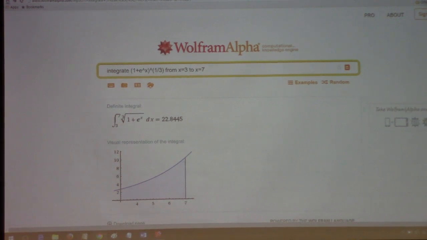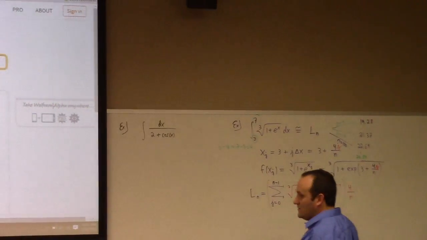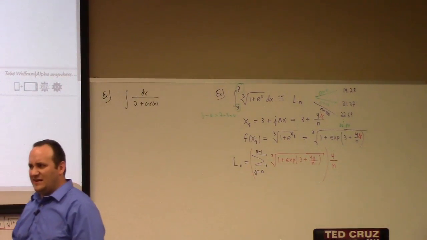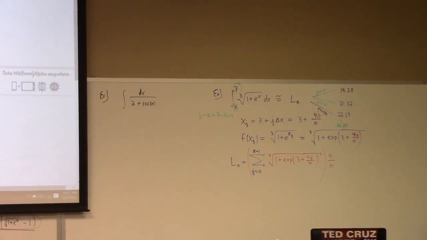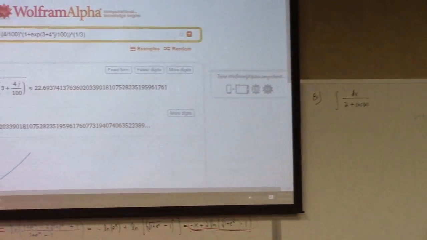So Wolfram Alpha is a pretty decent tool to do things like this. I want to approximate the integral from 3 to 7 of the cube root of 1 plus e to the x dx. I think there's a chance we could actually find the antiderivative using the rationalizing substitutions we looked at today, but I don't really want to either.